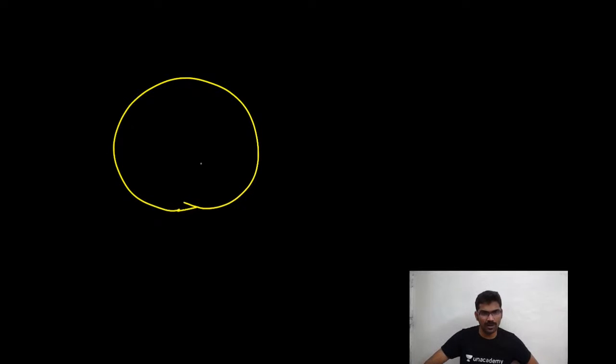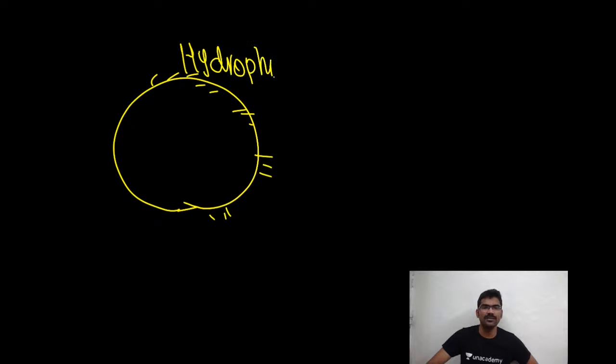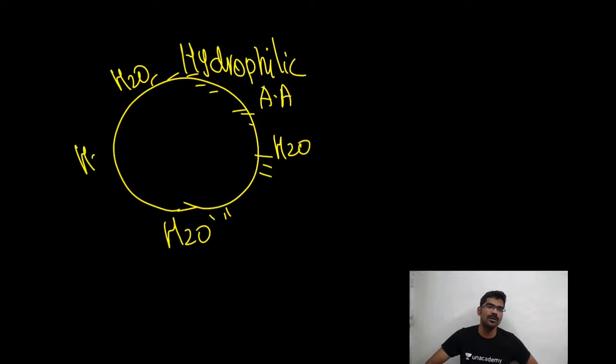In any globular protein, on the outside you will have hydrophilic amino acids, because they are all exposed to water, right? In the core you will have hydrophobic amino acids. This makes sense.